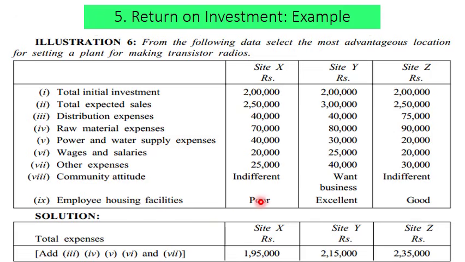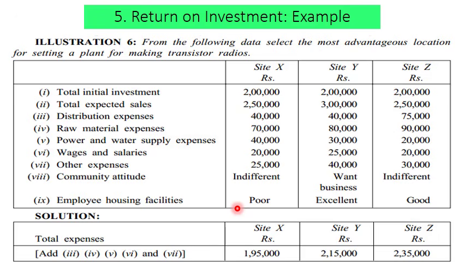For employee housing facility, Site X is poor, whereas Site Y is excellent and Site Z is good. So if we get equal value with the tangible costs, we can compare with these intangible costs.